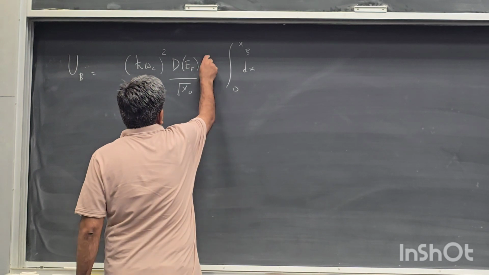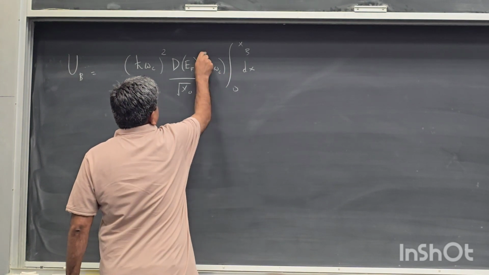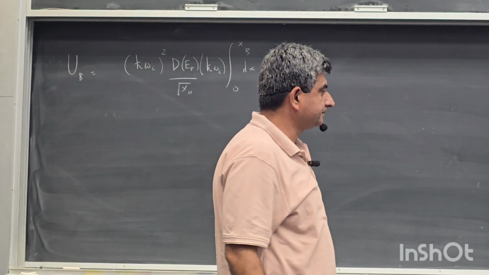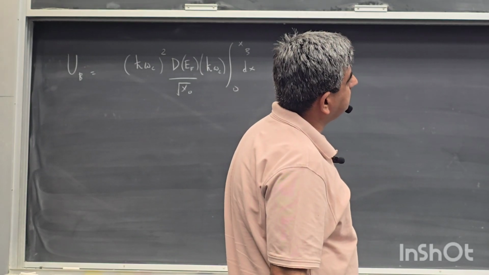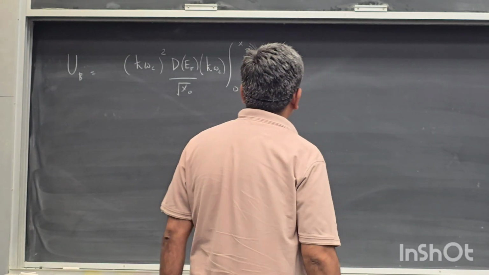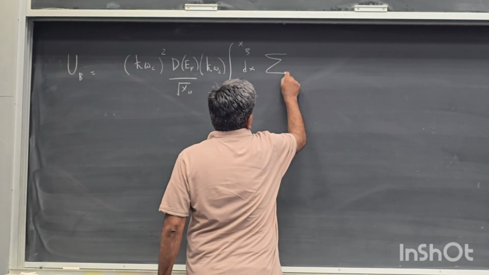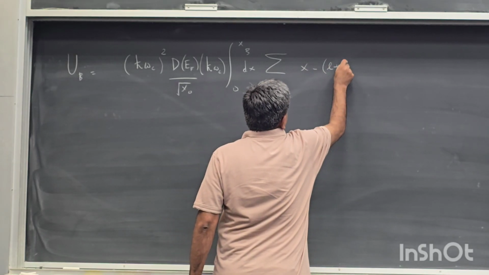Another h bar omega c dx, sum over x minus L plus half.